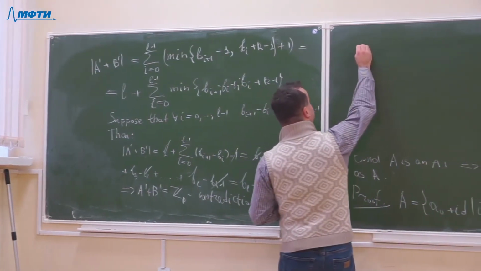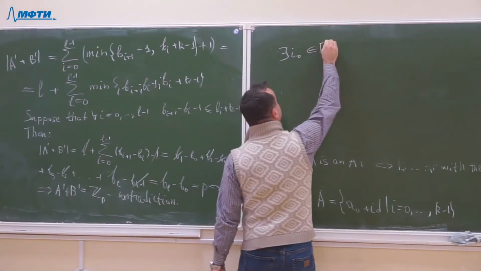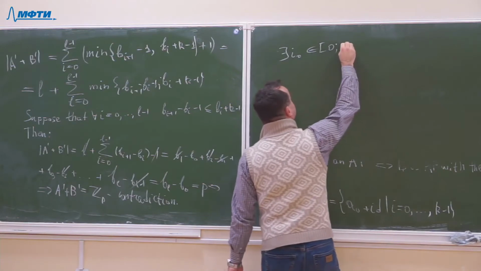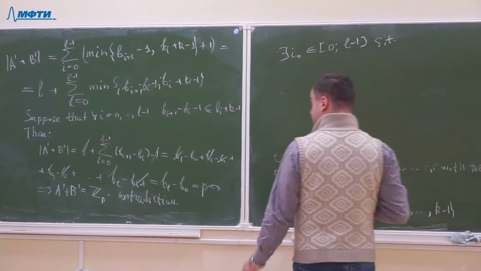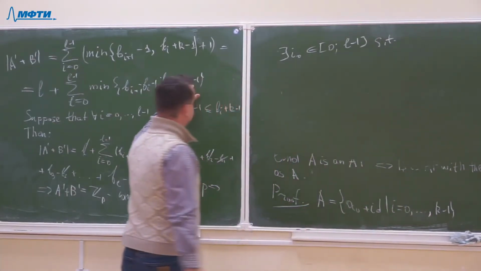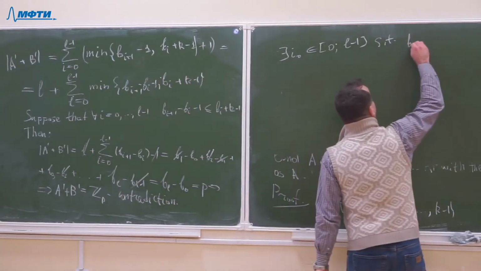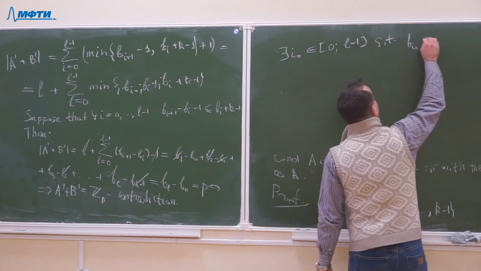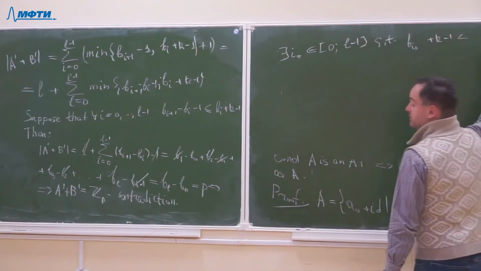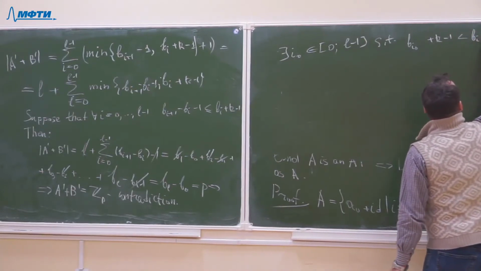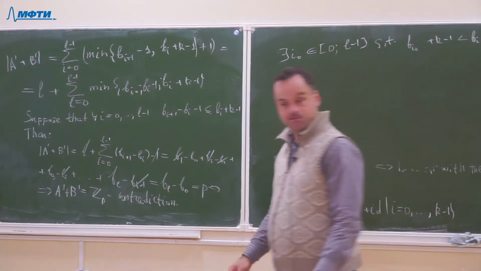So this means that there exists I0 from 0 till L minus 1 such that the minimum is attained at this position, so such that Bi0 plus k minus 1 is strictly smaller than Bi plus 1 minus Bi minus 1.